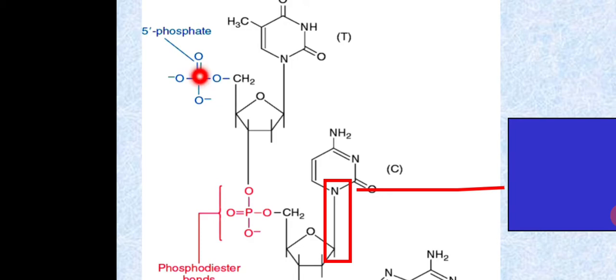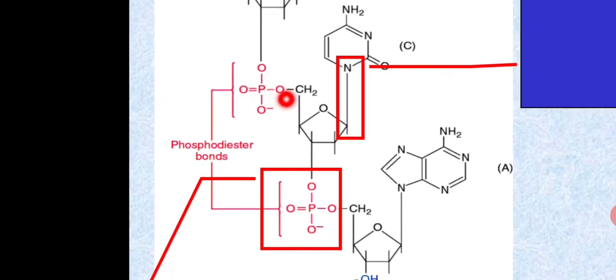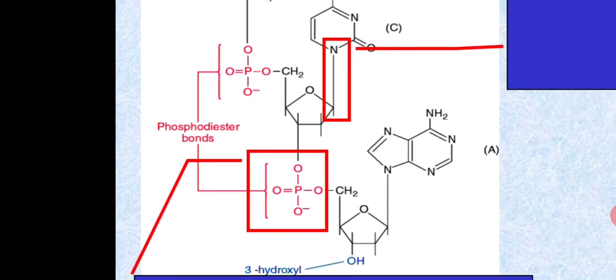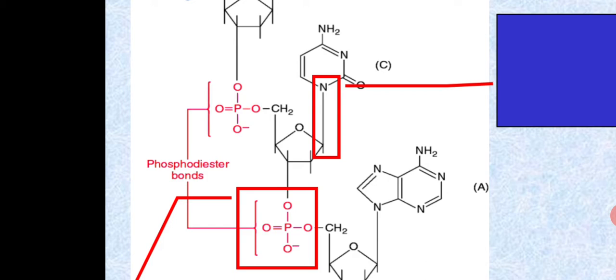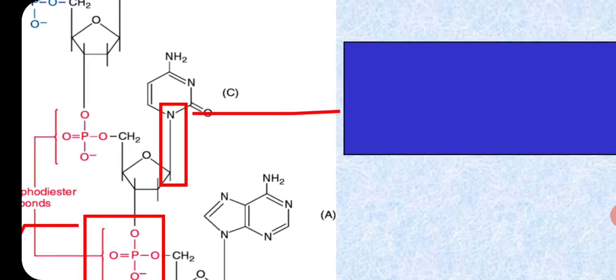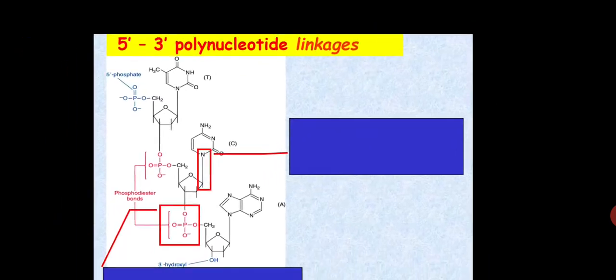If you see at this location, this is the 5' end, and at this location this is the 3' end. The 3' end makes an association with the 5' phosphate of the next incoming nucleotide. This kind of bonding is called a phosphodiester linkage, and the linkage between this nitrogenous base and the ribose sugar at this position is the glycosidic bond.